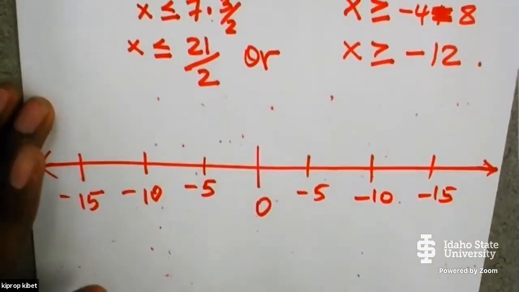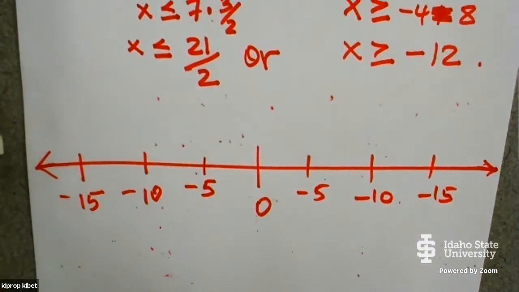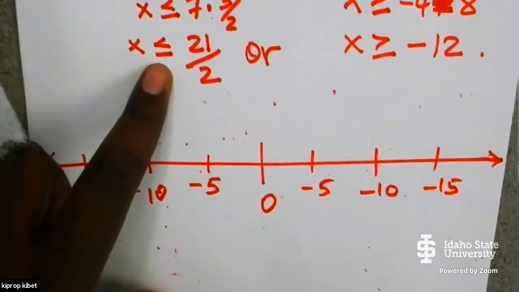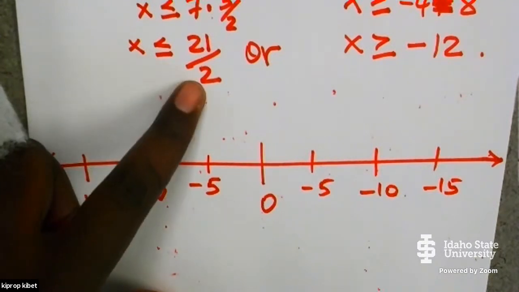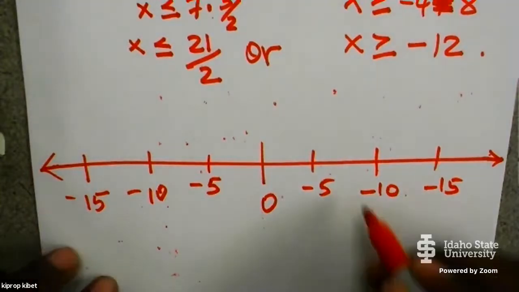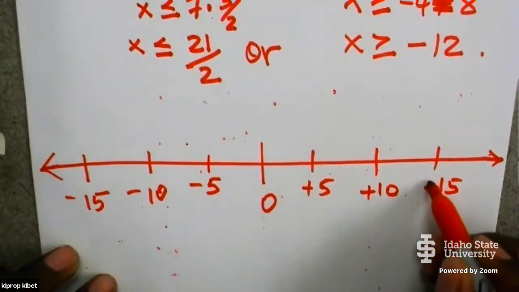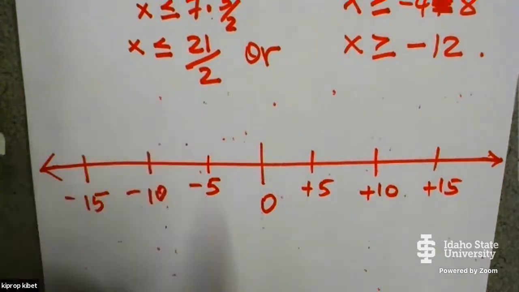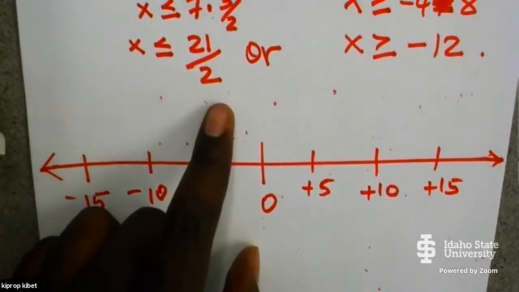Okay? Yeah. Now, let's start from this. X is less than or equal to 10.5. What am I doing here? This is plus. So x is less than or equal to 10.5.